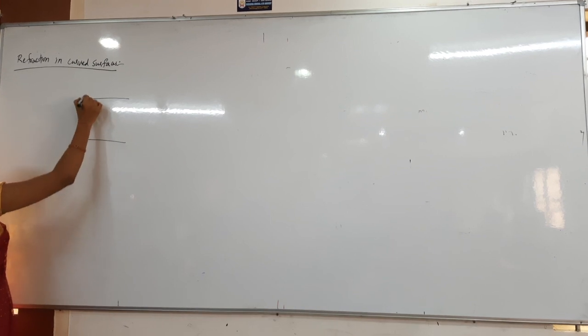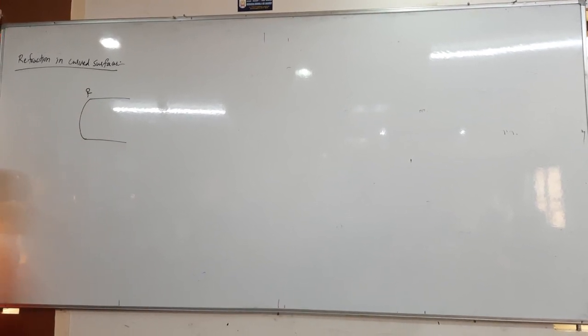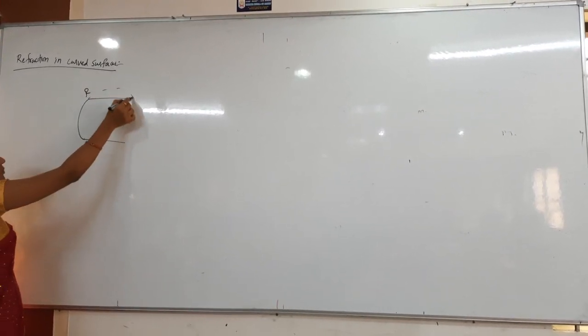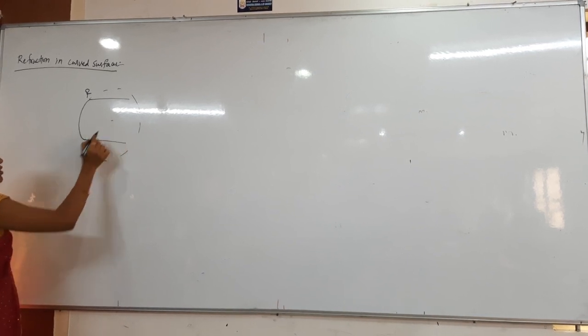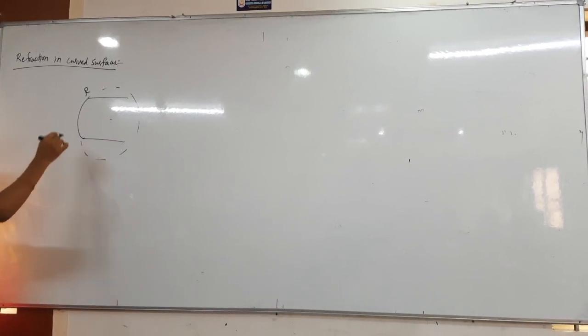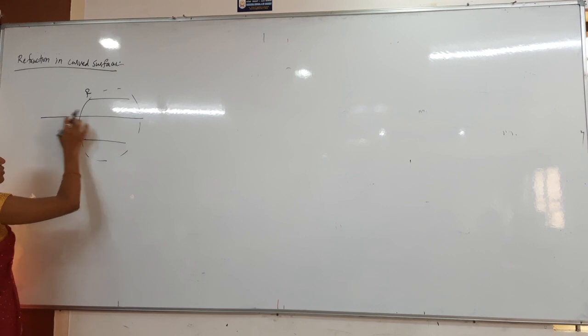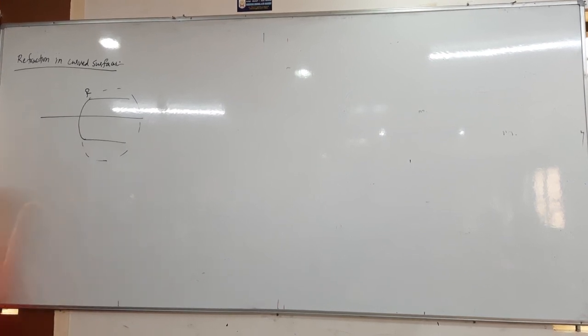This is a curved surface of radius R, let us consider, nothing but a full sphere whose radius is R. This is known as the principal axis, as we already know from spherical mirrors. Here we will have two types of focuses, the first focus and the second focus.